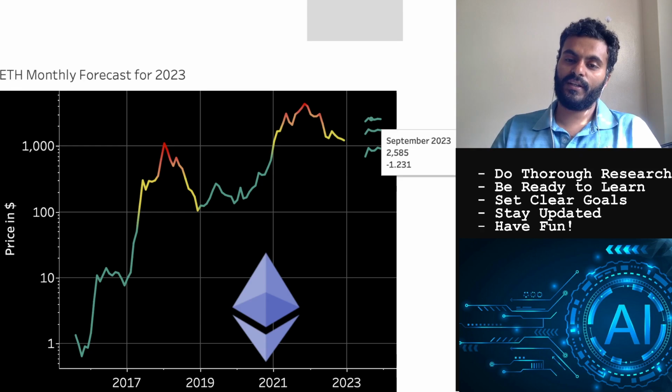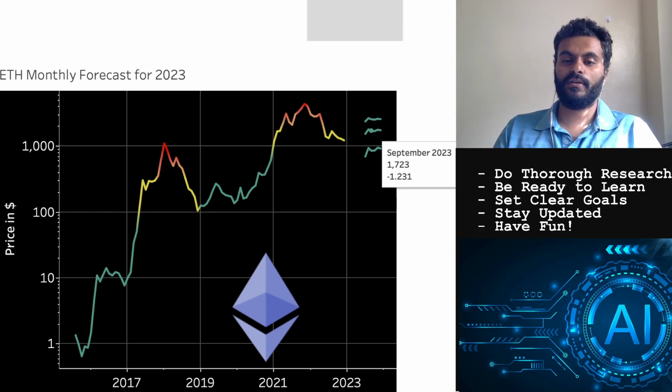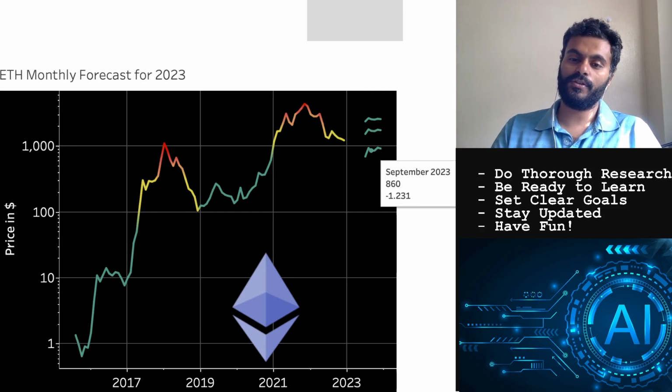As we move further and further, both the ceiling and the floor shift by a lot. For September, the base case is a little over 1,700 US dollars, the ceiling for any rallies is almost 2,600 USD, and the floor is at 860 US dollars.